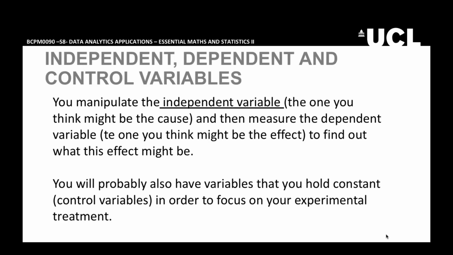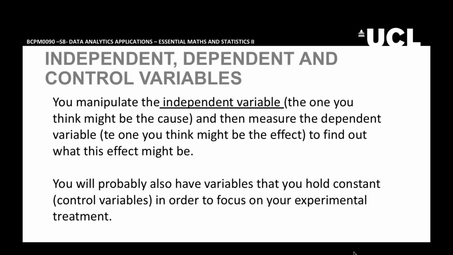First of all, I would like you to clearly distinguish between dependent, independent, and control variables. The independent variable is the one that you think might be the cause of the phenomenon that you are observing. And then you can measure the dependent variable, the one you think might be affected by the independent variable, to find out what the effect might be.